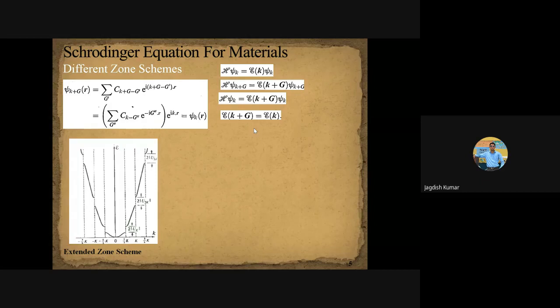I hope you remember that the energy for a free electron is given by h cross square k square over 2m. Let us forget this gap part here; we will be talking about where this gap appears. I don't know whether I have talked to you about this in previous classes.